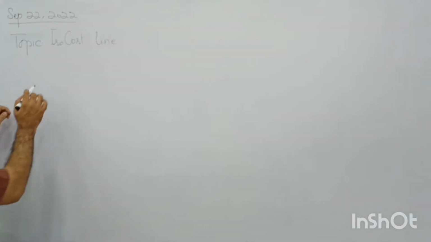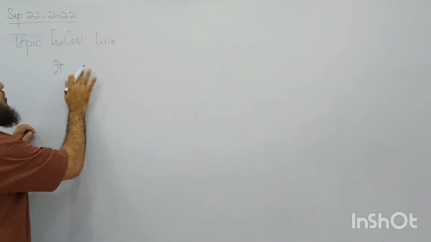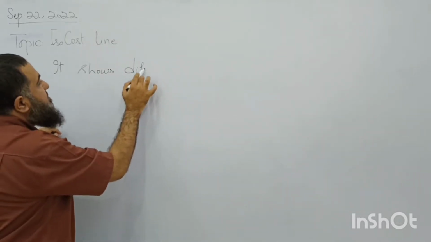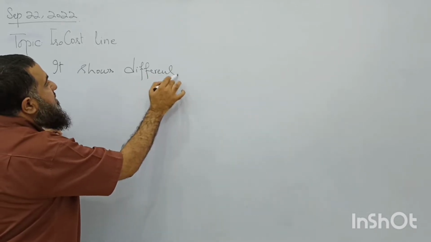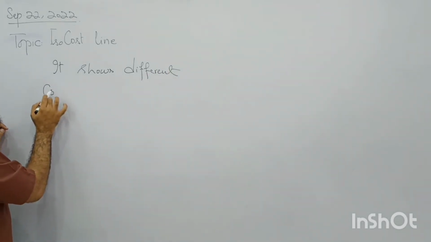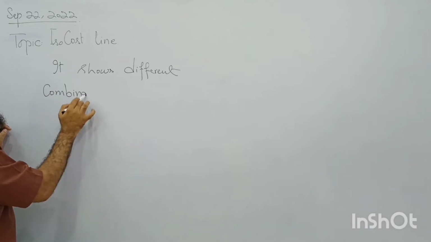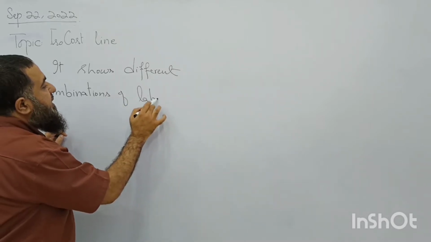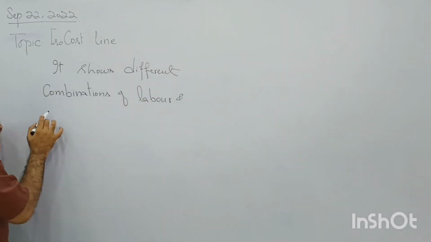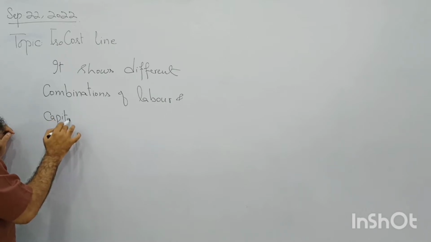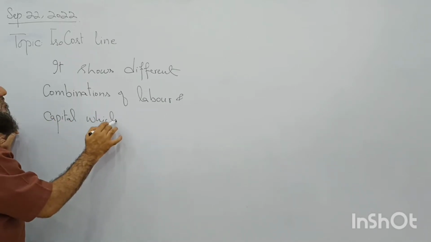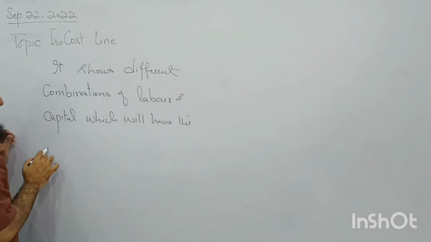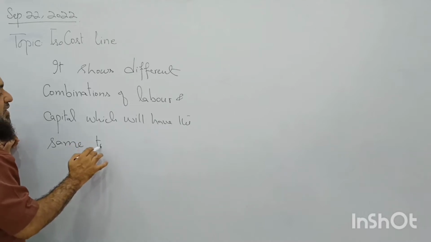It shows different combinations of labor and capital which will have the same total cost of production.